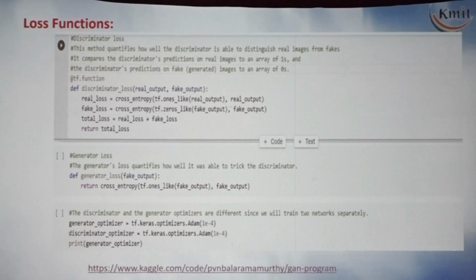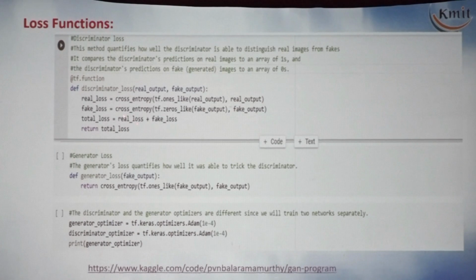Discriminator loss. How can we get the discriminator loss? Here the input is not from a single source. It is from two sources, one from real, one from fake. So you have to take from two places and combine the loss.